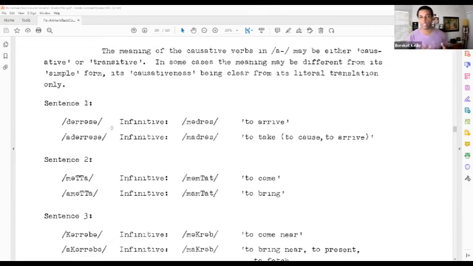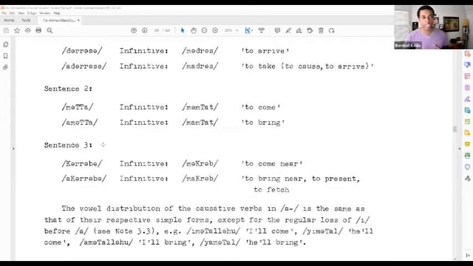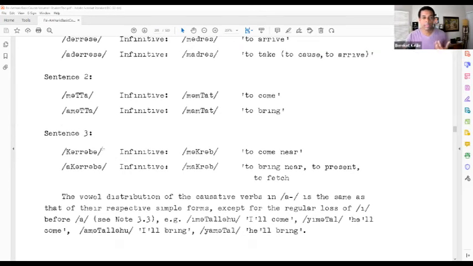So in the causative sense, you're causing it to arrive. In sentence two, you have the simple form mata, mamtat, to come, and then the causative form amata, mamtat, to bring. So you're causing something to come. Sentence three, qaraba, makrab, to come near; aqaraba, makrab, to bring near, to present, to fetch.